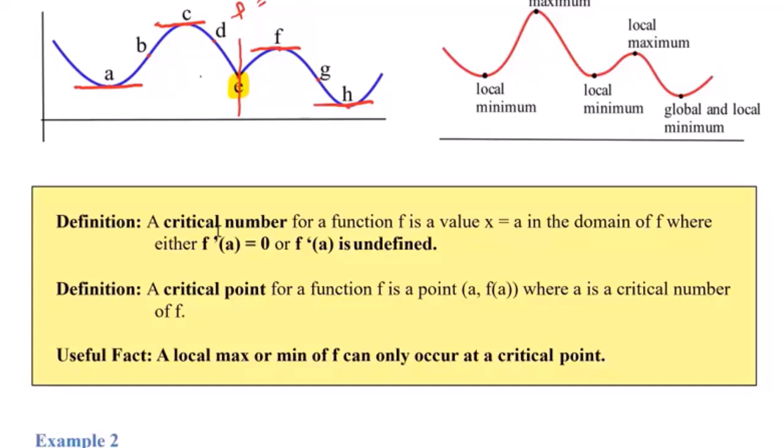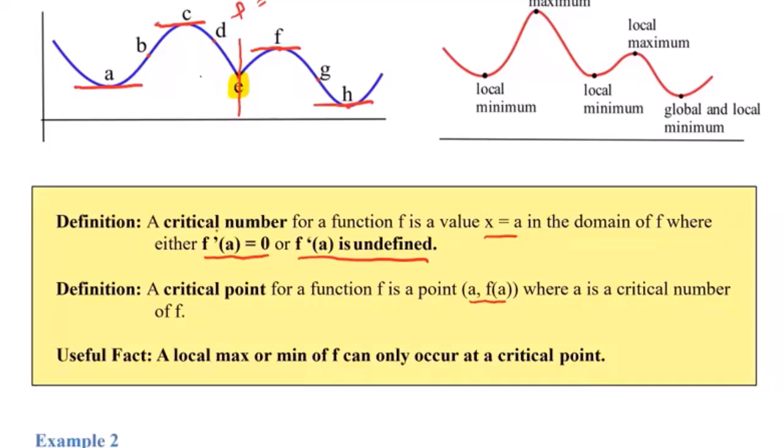So a critical number for a function f is a value x equals a in the domain where there are two possible conditions. Either the derivative at that point equals 0 or it is undefined. Like for example here, the cusp is undefined, but it's still a critical point. A critical point for a function f is a point, so x would be a, and then whatever f of a is would be the y, where a is a critical number of f.